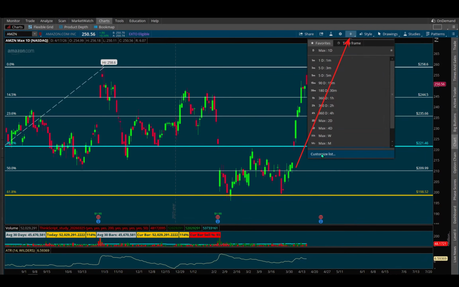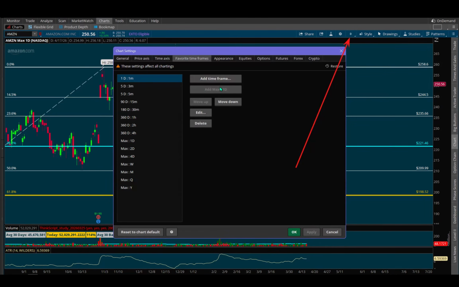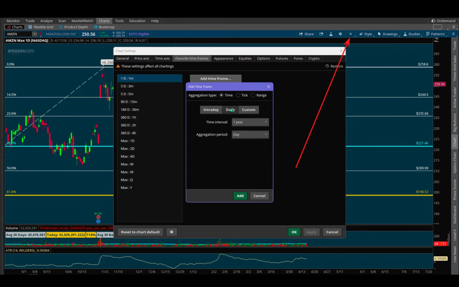We're going to customize list on the bottom here, and then we're going to add time frames. Now, when we add a time frame, when you see daily, that means every single candle print that you're observing here on your left-hand side is an individual day or 24 hours. Every single individual candle. So this is on a daily, we call this a macro view, a zoomed out view.